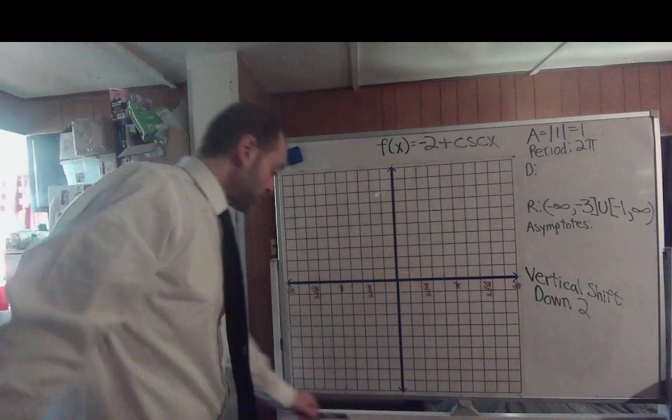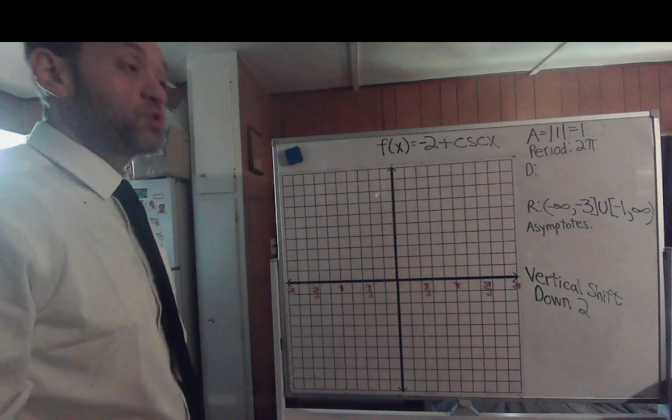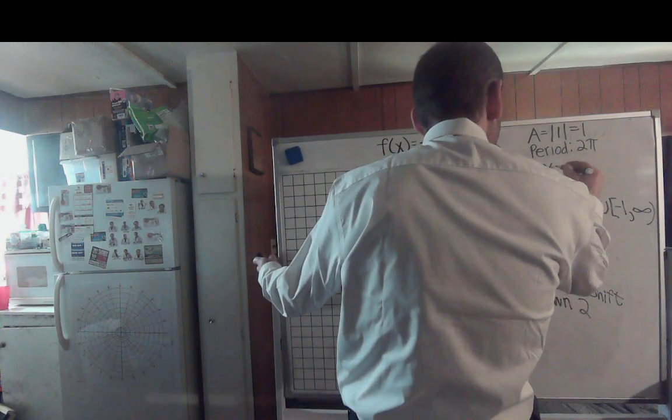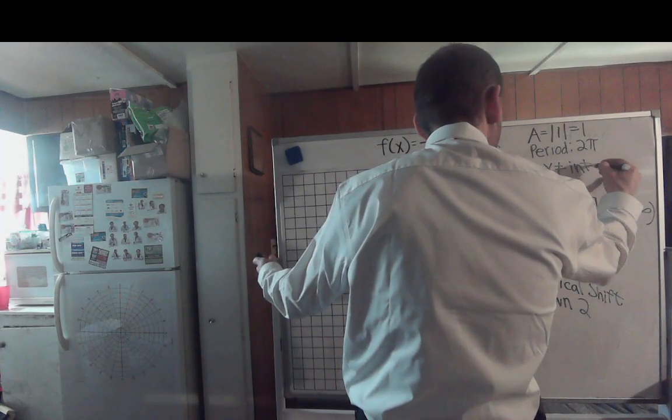Now, where is the cosecant of x normally undefined? That's going to be integer multiples of pi. So the domain is all of x except x cannot equal integer multiples of pi.